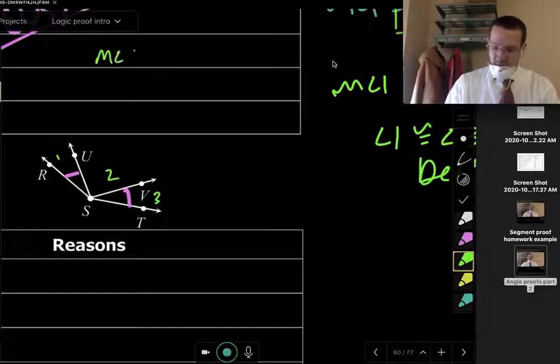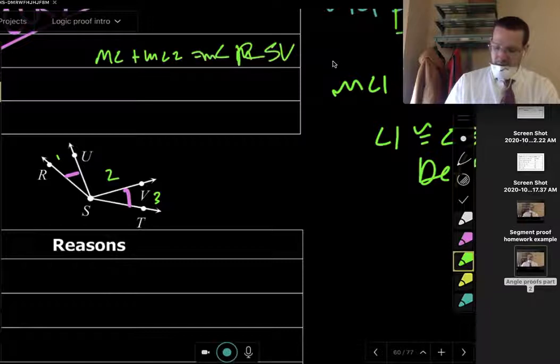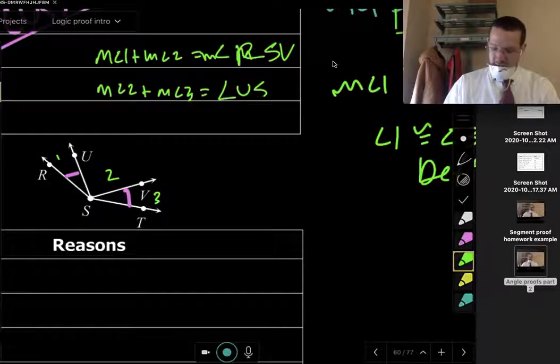So the measure of angle 1 plus the measure of angle 2 is equal to the measure of angle RSV. So that's kind of what we wanted, right? And we also know that the measure of angle 2 plus the measure of angle 3 is equal to UST. And we have the measure of angle 1 is equal to the measure of angle 3.